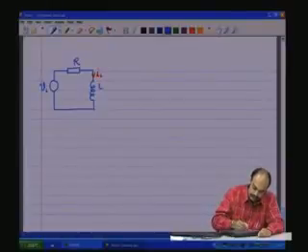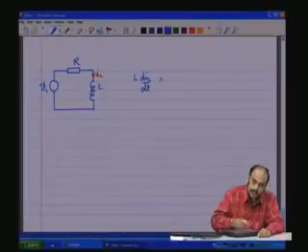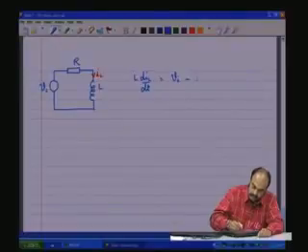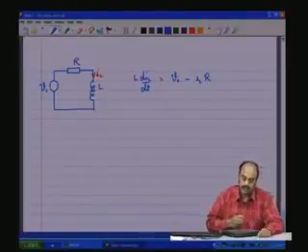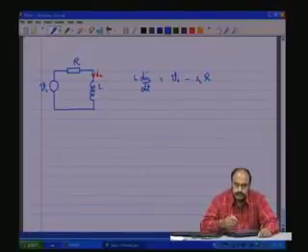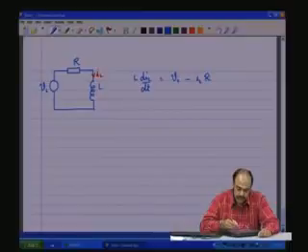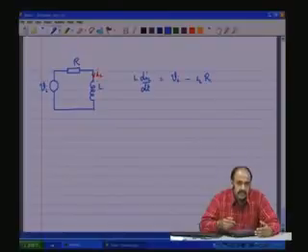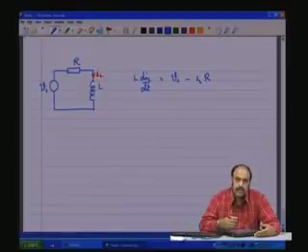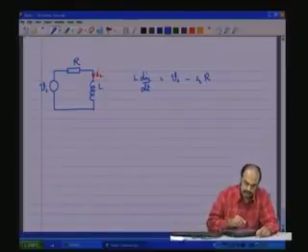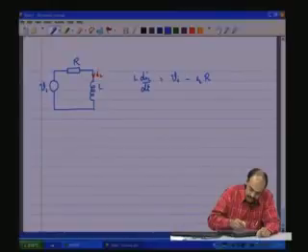We have L dIL by dt equals Vi minus IL into R. So, this is basically the state equation which was formulated. This actually is not the full complete state equation. State equation is always the dynamic equation plus the output equation, but I mean that we need to consider only the dynamic equation here to obtain the steady state relationship.